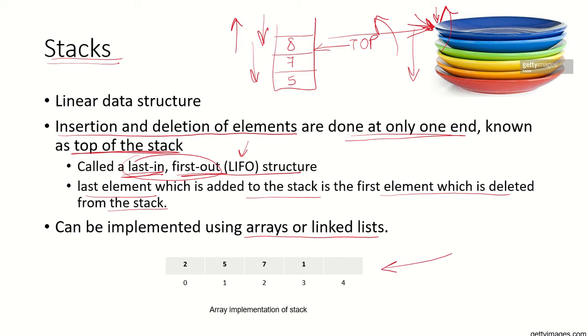See, this is an example of array implementation of stack. These are the ways the data items are being added to the stack, and if this is the top, they will be removed from here only, one after the other.